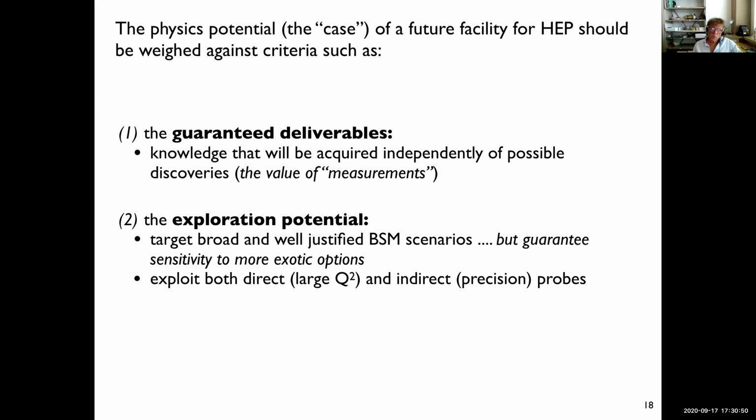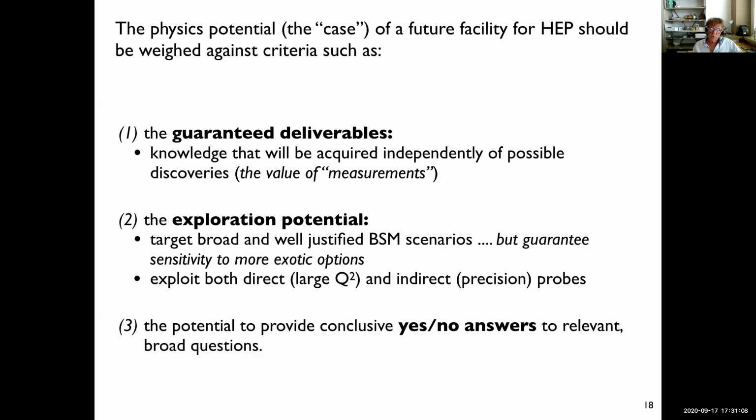And then, of course, you want to exploit as much as possible both the possibility of directly discovering something like a new particle by producing it, or being sensitive to the existence of new phenomena through indirect, for example, precision measurements. And finally, it would be nice to be able to provide conclusive yes and no answers to important questions. People often ask, if you go to 100 TeV, will you be able to exclude categorically supersymmetry?